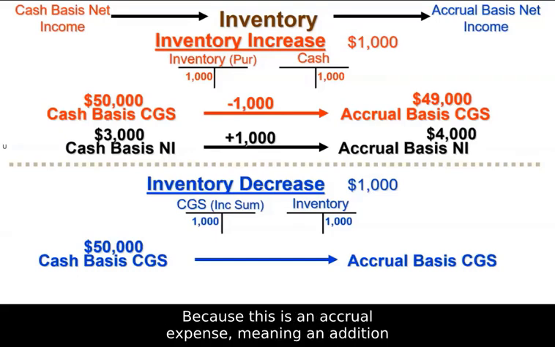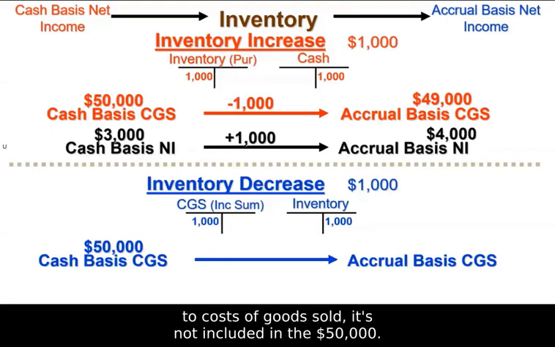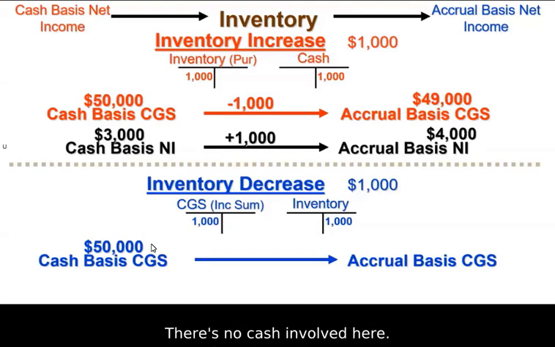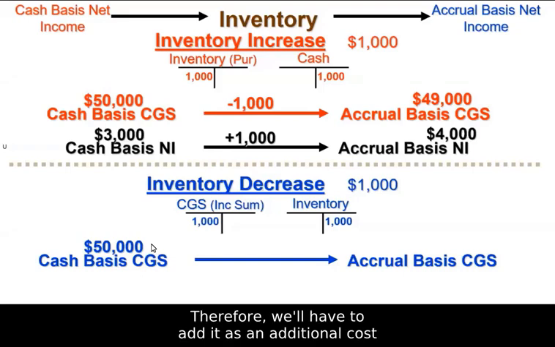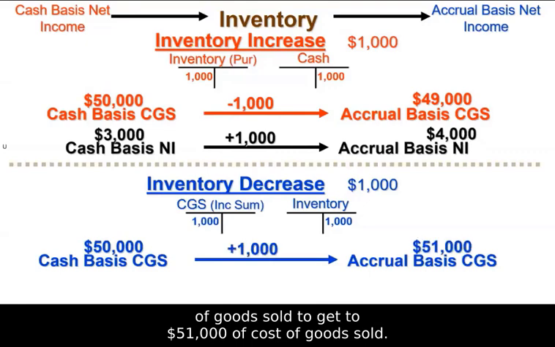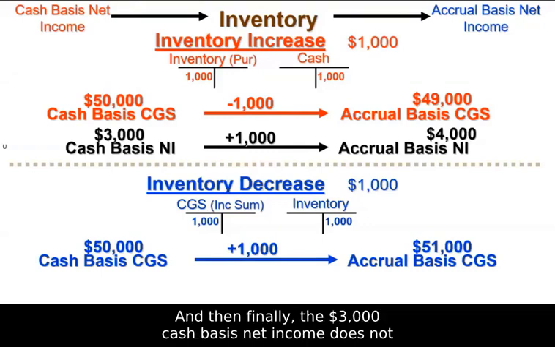because this is an accrual expense, meaning in addition to cost of goods sold, it's not included in the $50,000. There's no cash involved here. Therefore, we'll have to add it as an additional cost of goods sold to get to $51,000 of cost of goods sold.